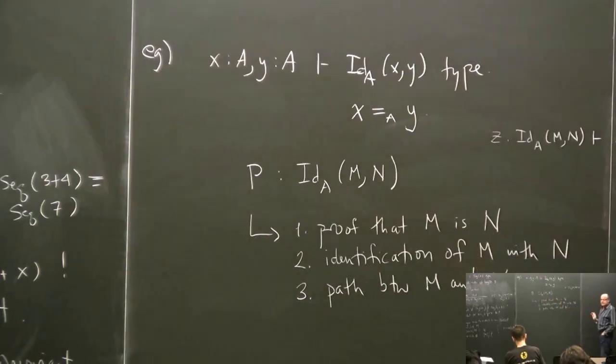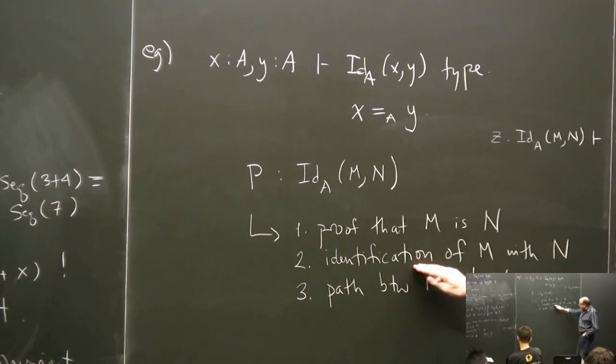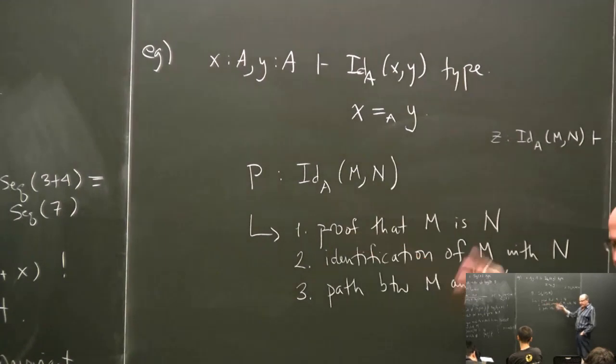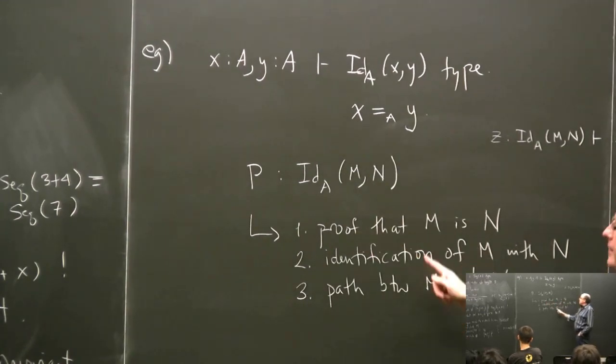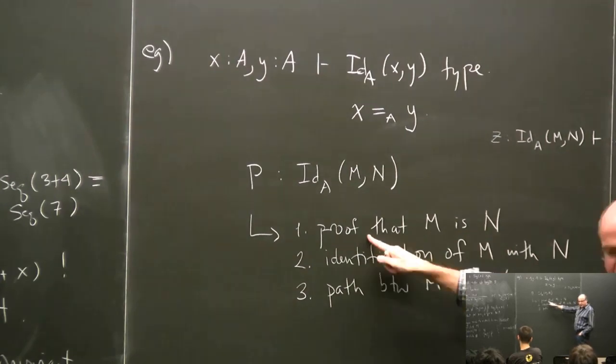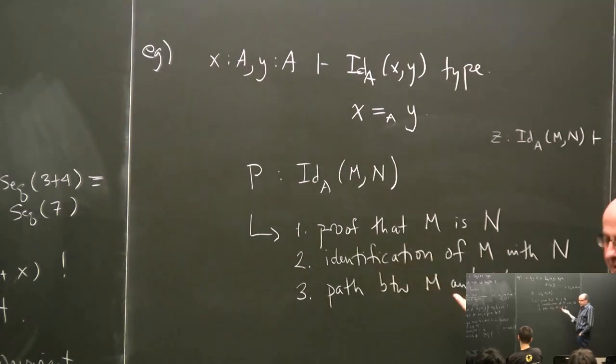These are known to be elements of A. So this is a path between m and n in A, and the concept of a path is meant to be bidirectional, in the sense that if there's a path between m and n, which is an identification or a proof that they're equal, think of them the same way, then of course there's a path from n to m as well, because they're identified, m and n, and we have p, a proof that they're equal. So obviously if m is equal to n, then n is equal to m. That would be the idea.